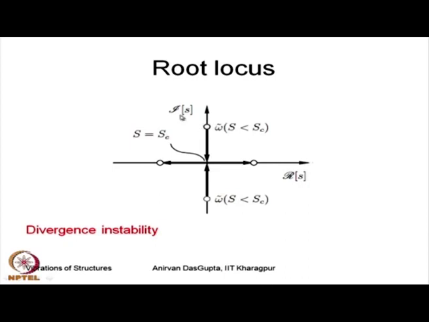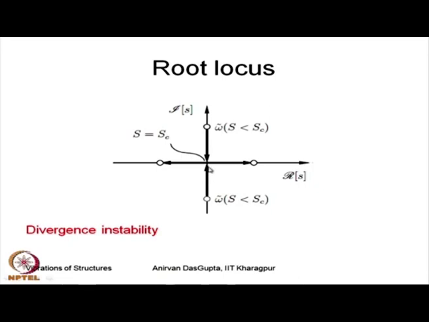Here I have plotted the real part of S and the imaginary part of S. S is plus or minus I omega, so plus I omega tilde and minus I omega tilde when the load is less than the critical load or the buckling load. As you increase the load, these roots go to 0. Once they reach 0, then they move on this axis.